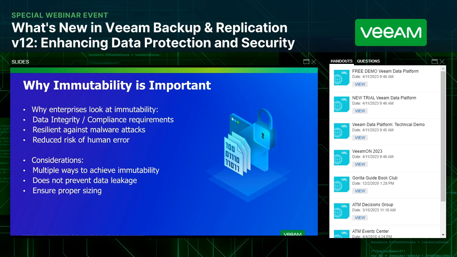But let's not forget about some of the original forms of immutability. Tape backup, for example. For years and years, decades now, you've been able to purchase what's called write once, read many tape media, also known as WORM. What this would do is it would write it to disk, and then you couldn't change it. Saw a lot of use for compliance and regulations and so forth. But that technology still exists.